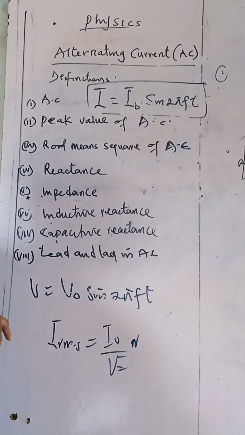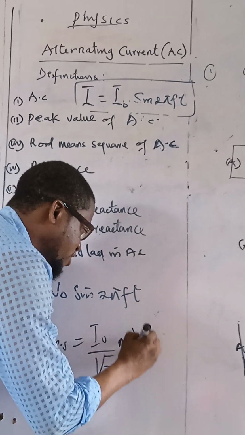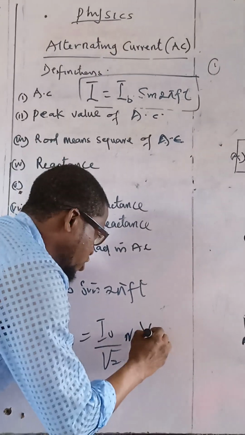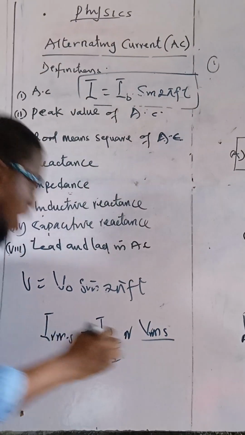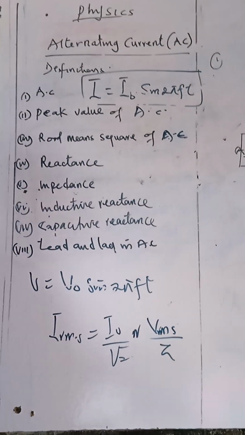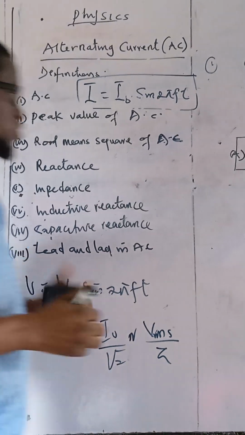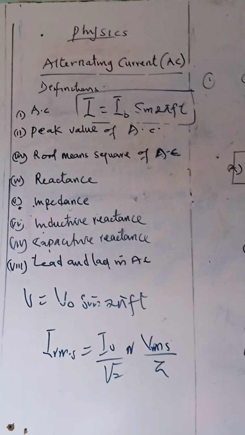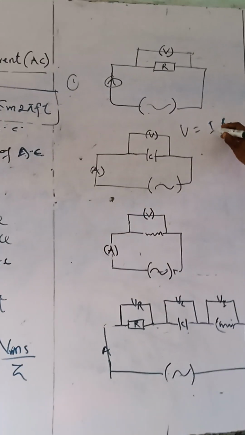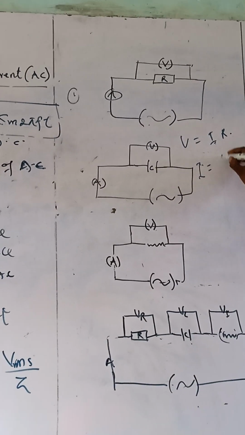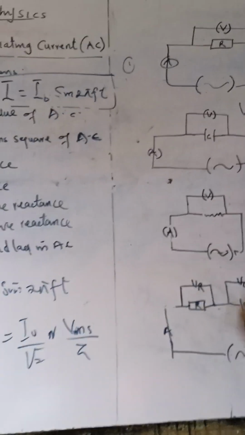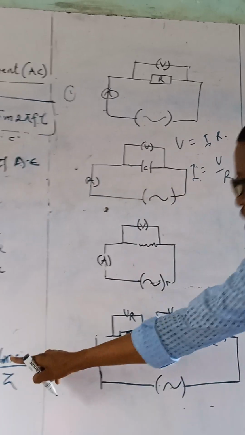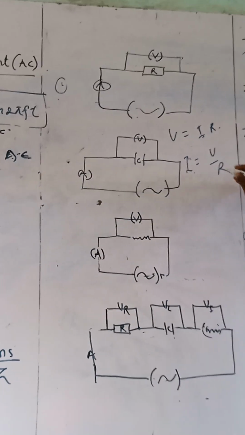So this RMS can as well be V RMS over Z. What am I trying to derive? I am trying to derive according to Ohm's law that we can have V equals what? IR. By the time you make this one the subject, it becomes I equals V over what? R. That's exactly what I'm doing. So I, which is I RMS, can be obtained using V RMS divided by resistor.